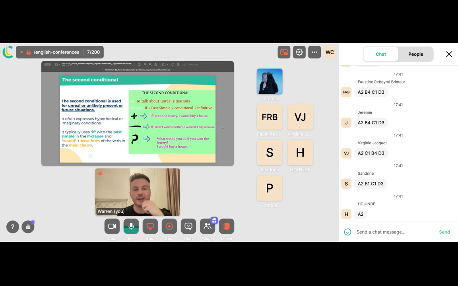I would buy a house. Okay, so this is the second conditional. Now, as I say, to remember that grammar there, okay, and remember the differences with the others, the second form of the verb, or the past simple, is used. With the first conditional, we use the base form, or the first form of the verb.